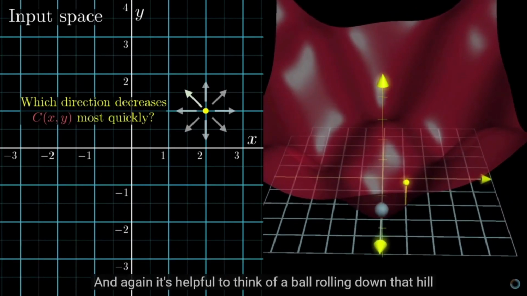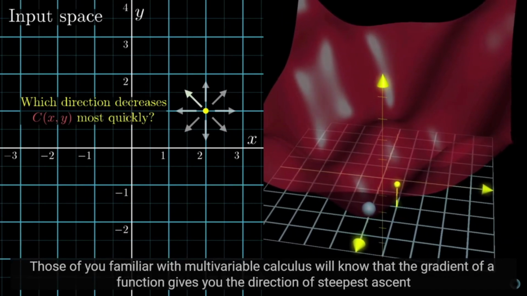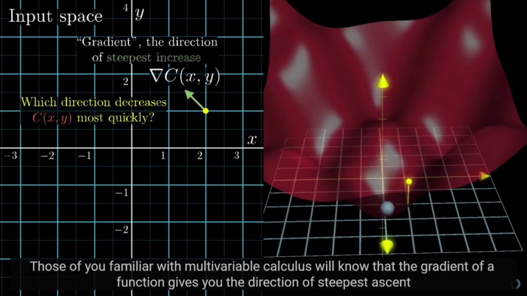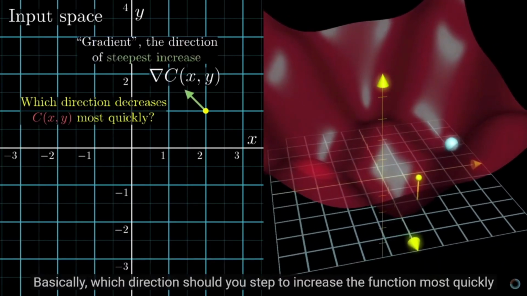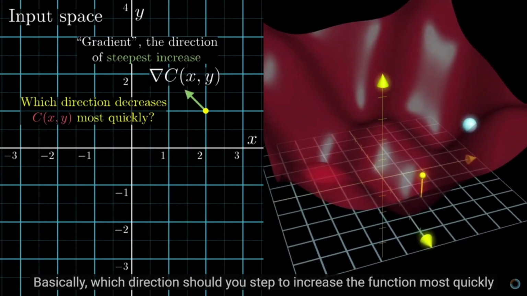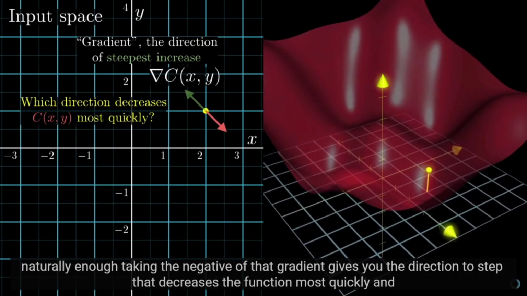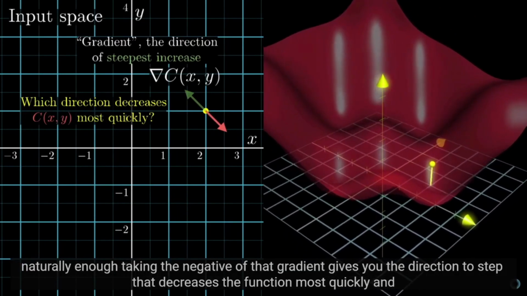And again, it's helpful to think of a ball rolling down that hill. Those of you familiar with multivariable calculus will know that the gradient of a function gives you the direction of steepest ascent. Basically, which direction should you step to increase the function most quickly? Naturally enough, taking the negative of that gradient gives you the direction to step that decreases the function most quickly.